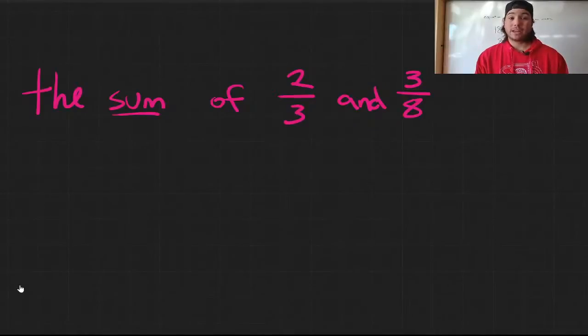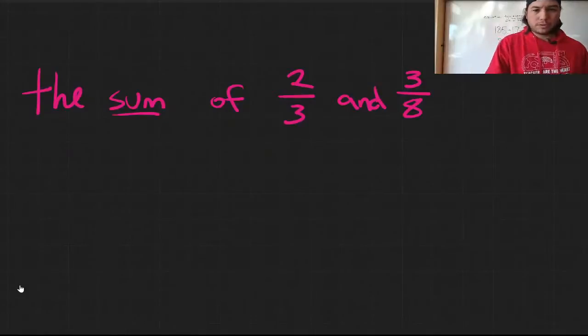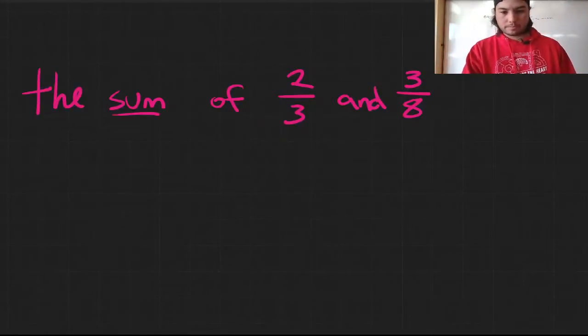I want to know, can you turn this computational sentence, computation with words, into an expression using one of our operational signs, our plus sign, our minus sign, our x or our dot, or our divide sign, or slash, really, if you want to get theoretical about it. The sum of 2/3 and 3/8.